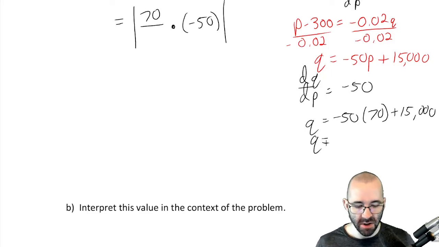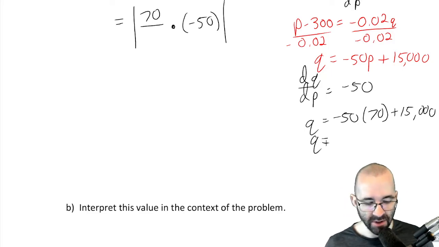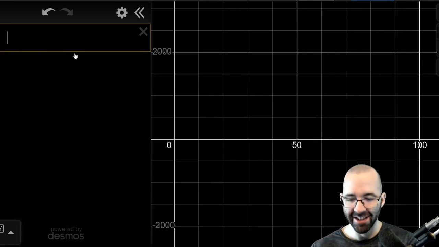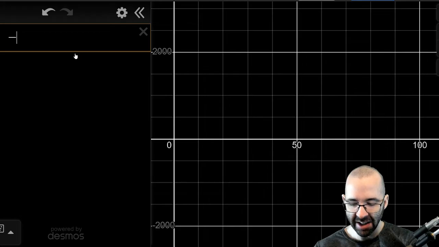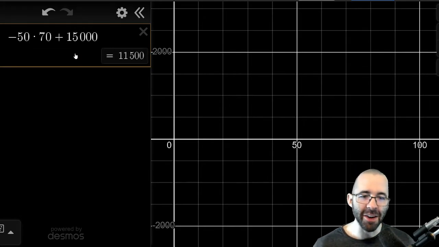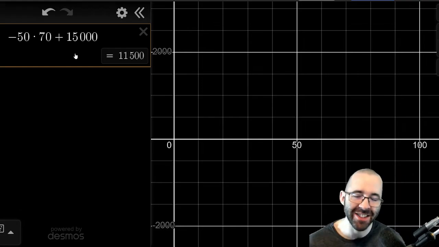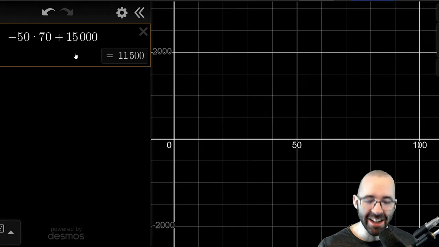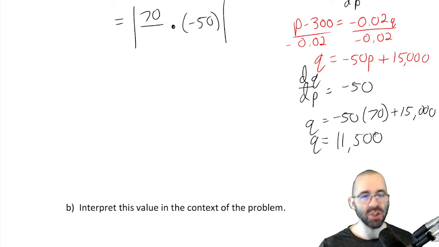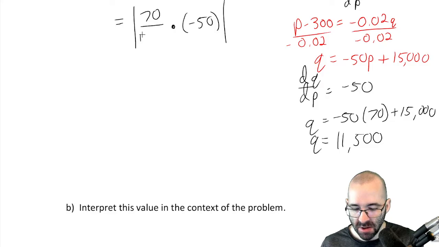That's negative 50 times 70 plus 15,000. I'm on fire today. I need to trust. No, I'm not going to trust myself. 11,500. So if we charge $70, we can sell 11,500 of these items.